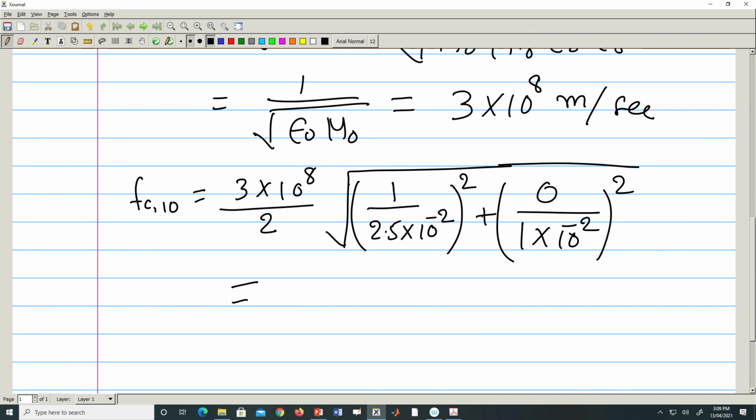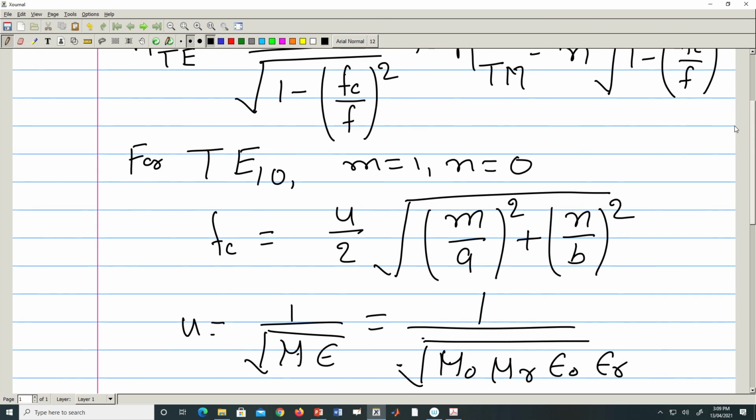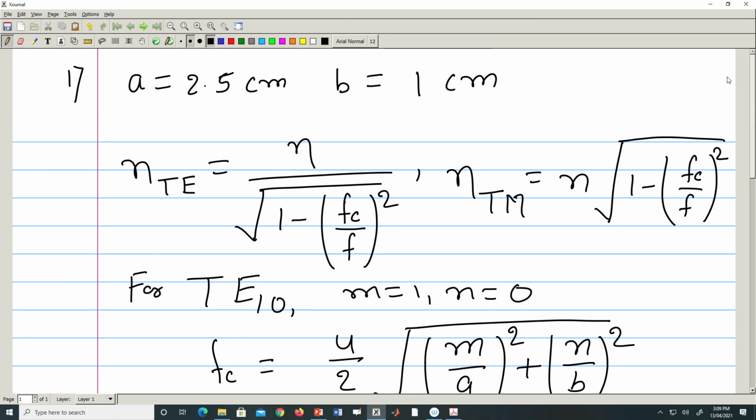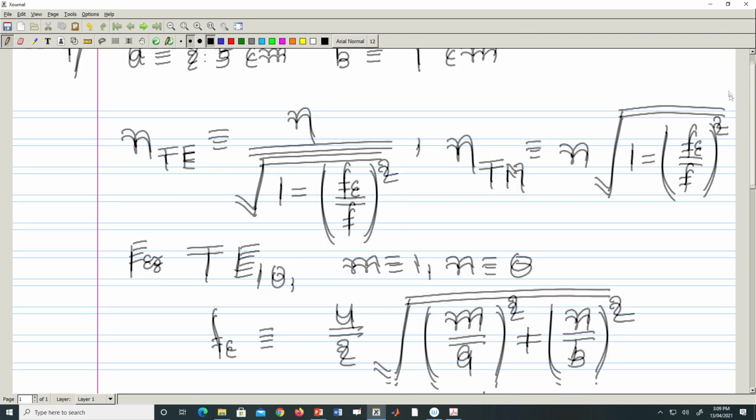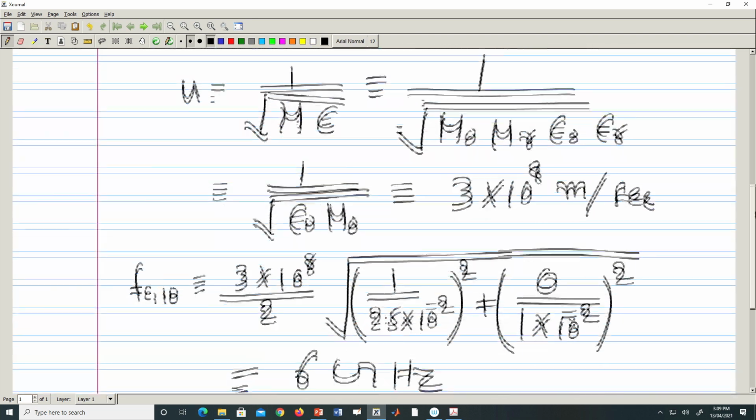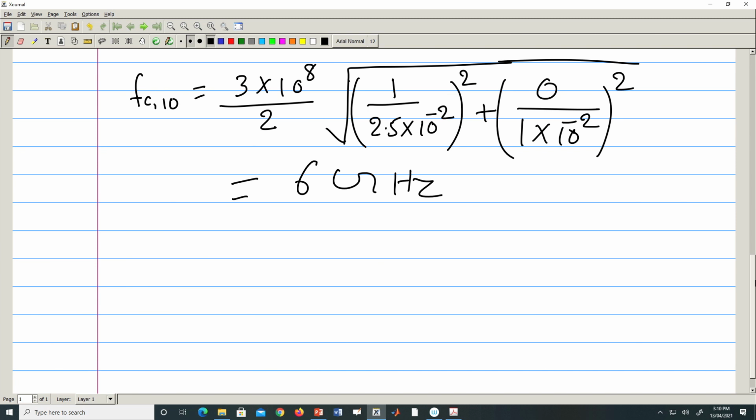Similarly, we will calculate the cutoff frequency for TM11, the one more mode. But first we can calculate the wave impedance for the TE10 mode. So eta TE10 will be eta upon the square root of 1 minus f c upon f whole square.